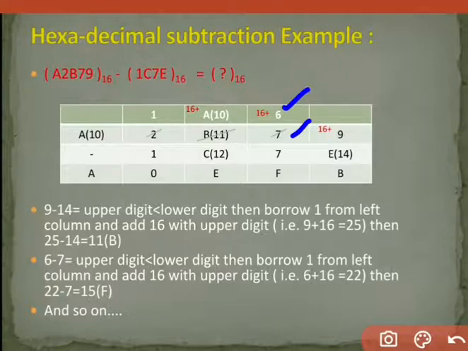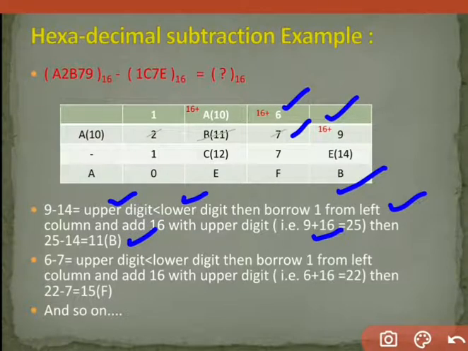And now we are placing plus 16 with 9. 9 is upper digit, 14 is lower digit, and whenever upper digit is smaller than lower digit, then we have to borrow 1 from our left column, and then we have to add 16 with our upper digit. Then we are getting 9 plus 16, that is 25, and we have to subtract 14 from our 25. Then we are getting 11, and 11 is B. That's why I'm writing B here.